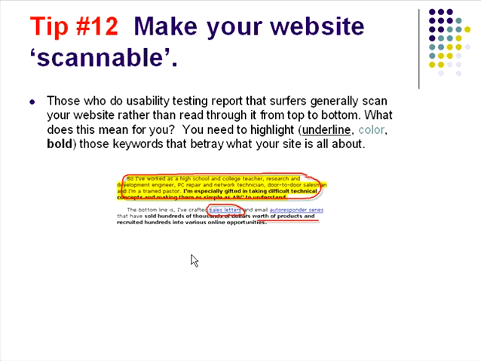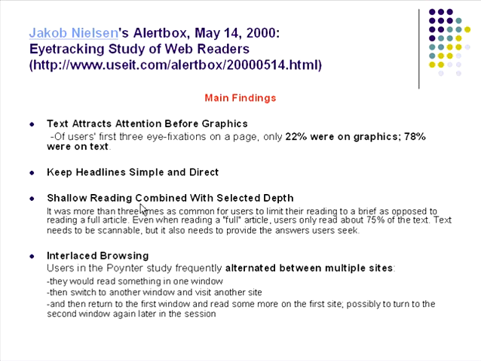And hopefully, as they read these different key points, it would pull them in to read the entire website. So always try to make your website scannable. Help the person that's coming to the website to be able to tell what your website is all about right away.